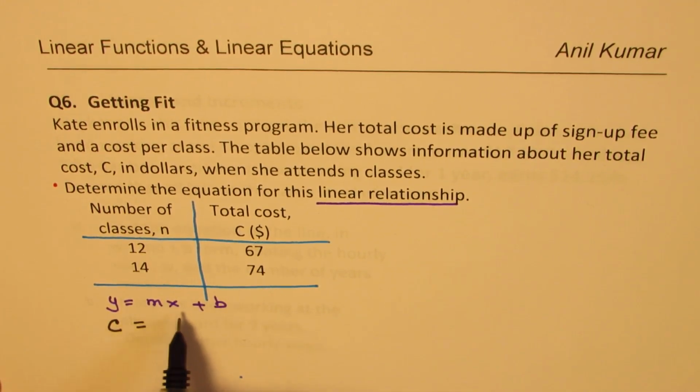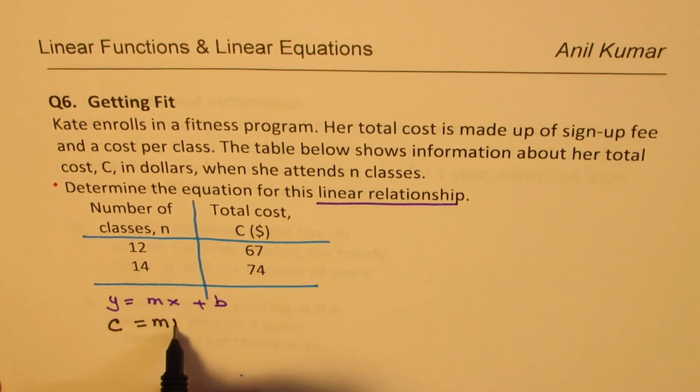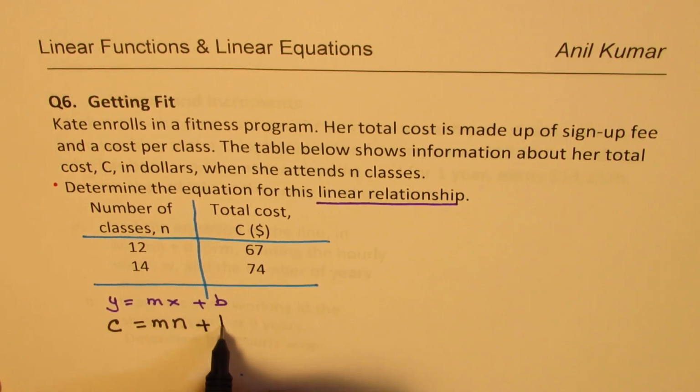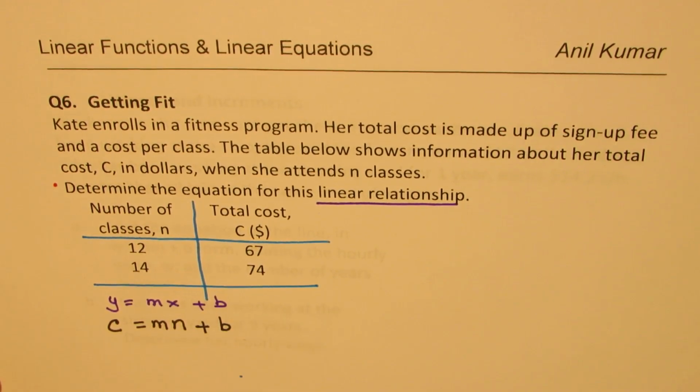You can say slope or you could say rate, right? So we can just keep m as such, no problems, and N as our number of classes plus b, which is the fixed cost, right? So we'll maintain the slope and the y-intercept in our equation and change the two variables, which are independent variable N and dependent variable cost, correct?